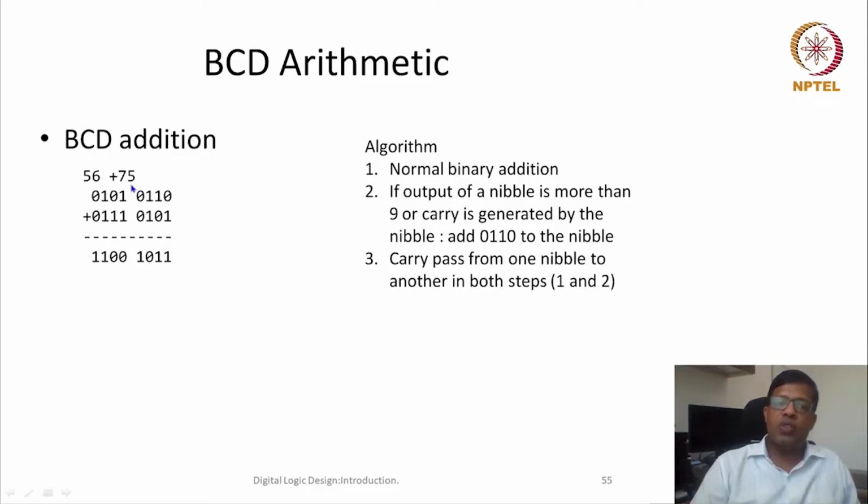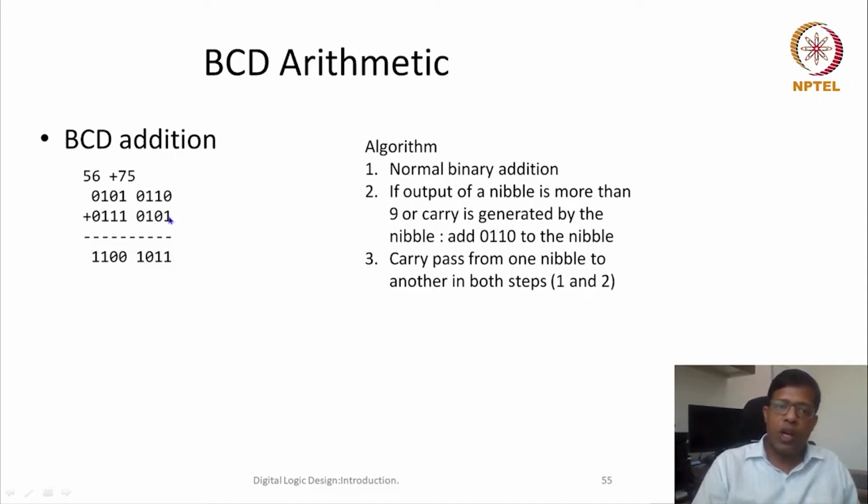Now we want to add, so we will align them. Basically 5 goes just below 6, and 7 just below 5, and we can use the same binary addition rules which we have learned.